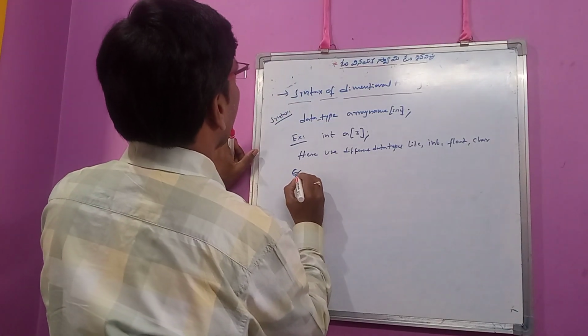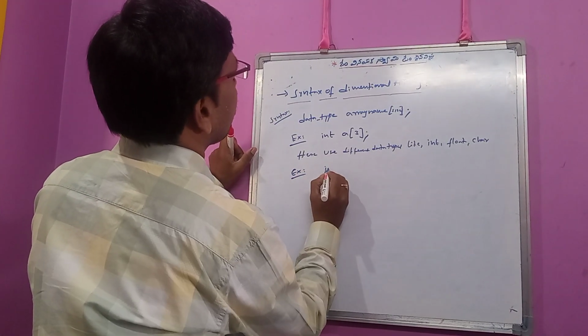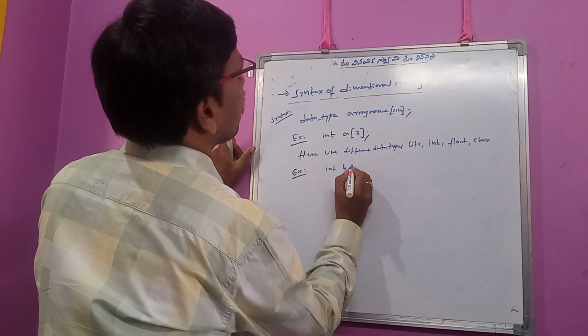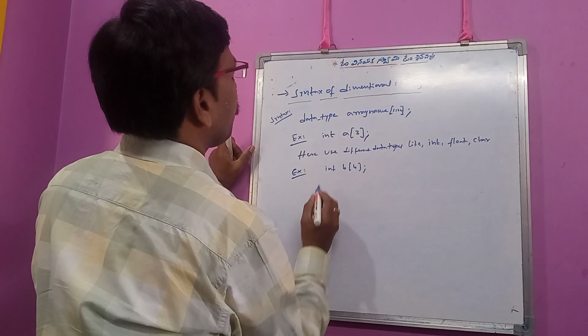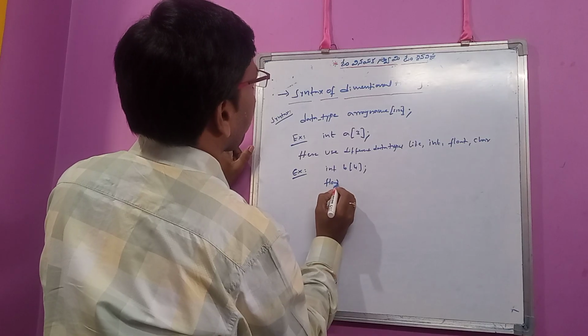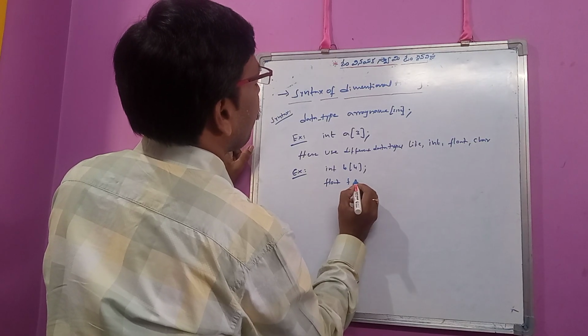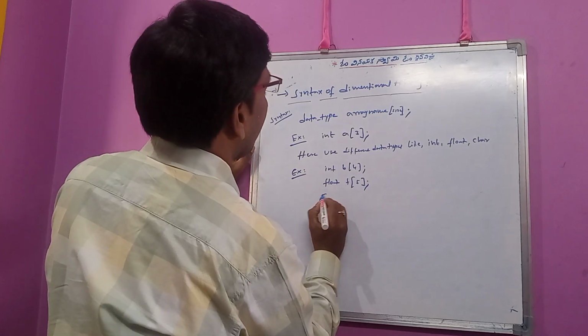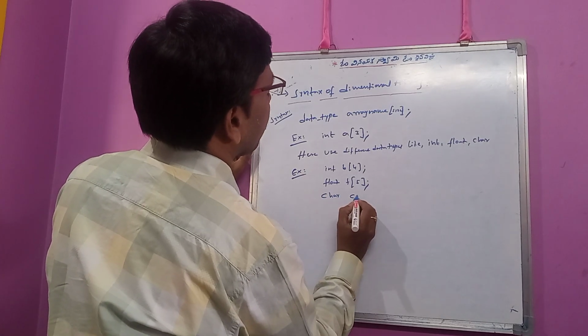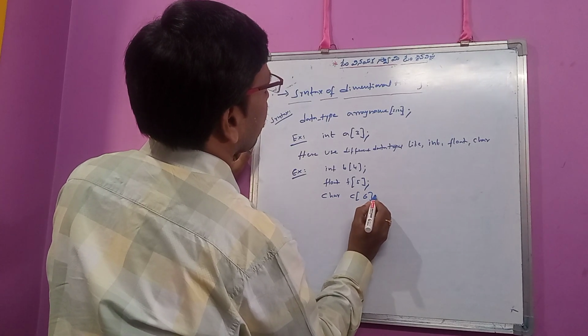One more example: int b[4]; float f[5]; char c[6]; like that.